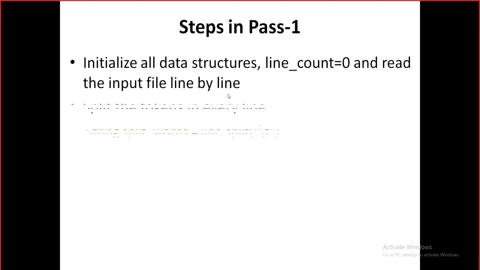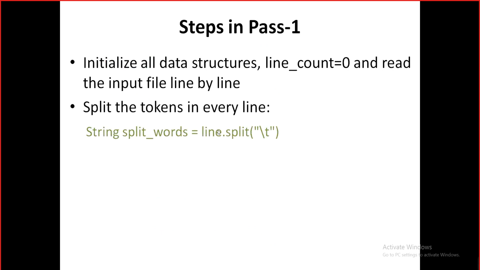Fine. Suppose I read the line in a string variable. Again, we know how to read the line in Java. We'll use the buffered reader class with the reader class, and we can scan the text character by character, and we'll store that text in a string variable, that is this line. For example, I have taken a variable line and I'm splitting that line based on what?